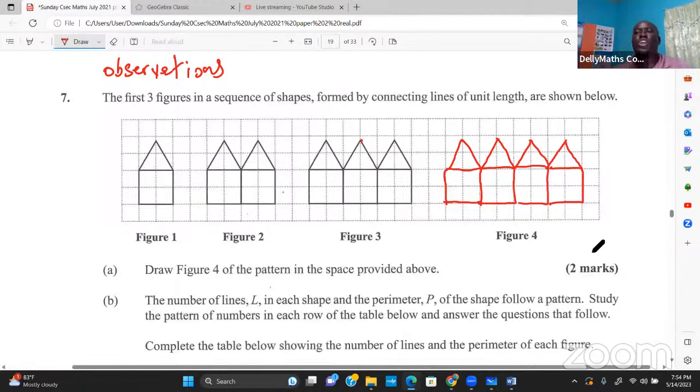Here it is. So you take your ruler and you do it properly. But what I want you to take note of is this did not go up there. None of them really went up there. So don't bring it up to here. Did not touch it.